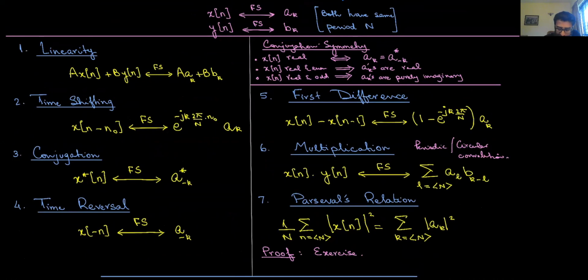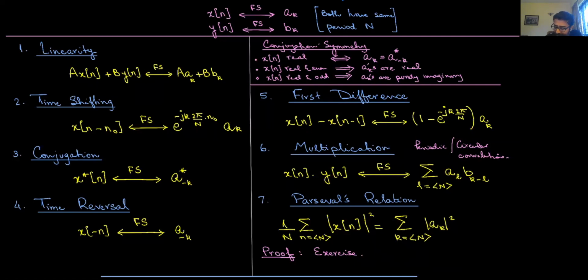So x[n − n0] results in the Fourier series coefficients being multiplied by this exponential, वही form है, e^(−jkω0n0), exactly the same form. Conjugation in the time domain, Fourier series coefficients become a conjugate with minus k. Time reversal में the Fourier series coefficients are reversed as well. First difference is this, right?